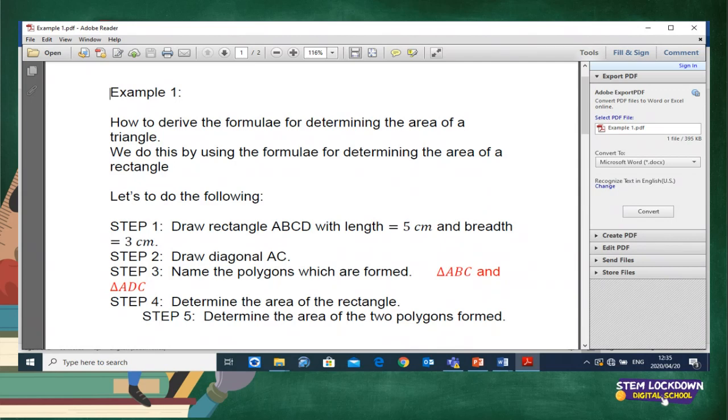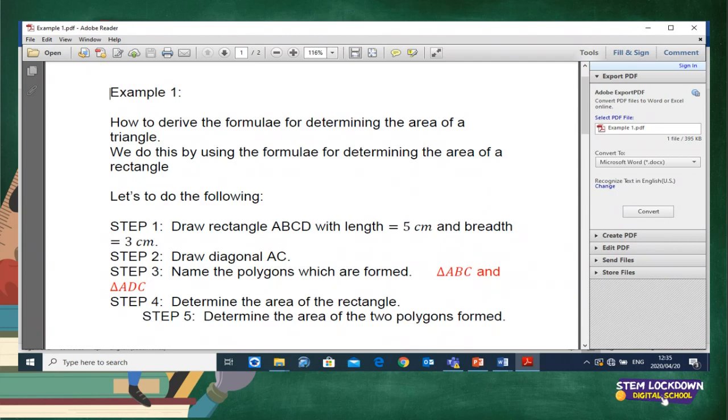I'm sure it should be easy for any one of you now to draw the rectangle ABCD using the measurements that I've just shown you there, meaning that the length of your rectangle should be 5 centimeters and the breadth should be 3 centimeters.